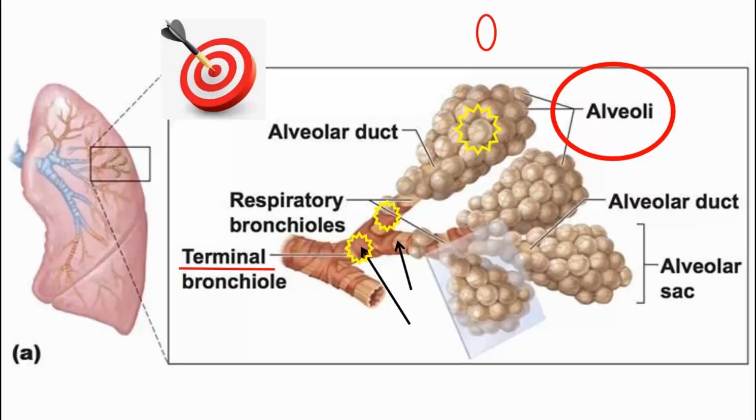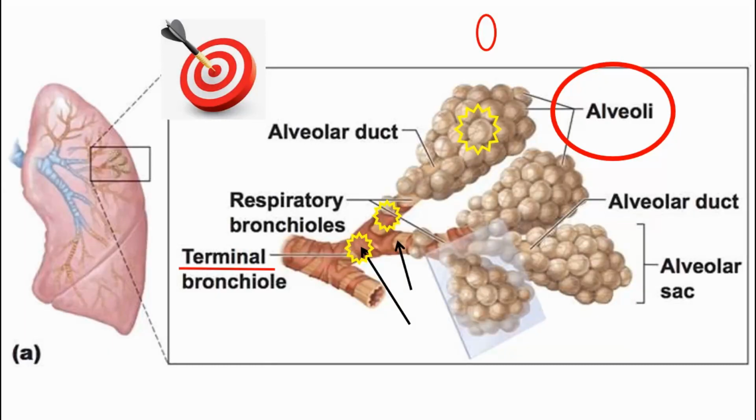And this is present where? It is present at the end of the terminal bronchiole. Why do we have the term terminal? Terminal because it's the end of so many divisions of major respiratory passages.